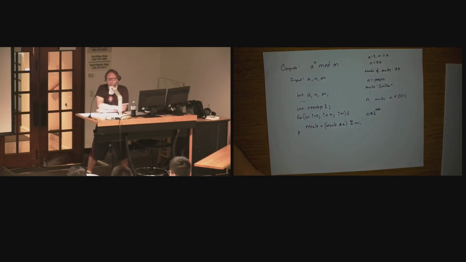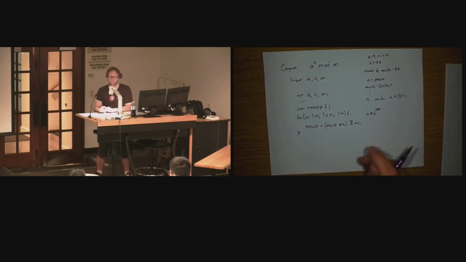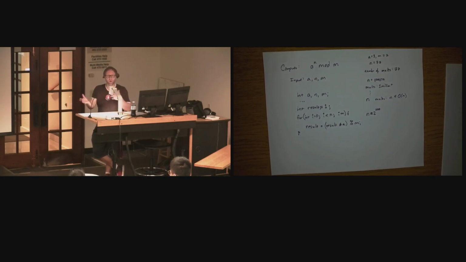Is 1024 bits large input? No. This is routinely done with cryptography. If you connect to Amazon, you are doing SSL, secure socket layer, where you are doing cryptography back and forth. You are doing mathematics with numbers this large every single second.